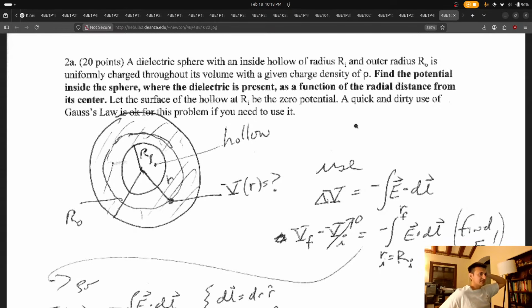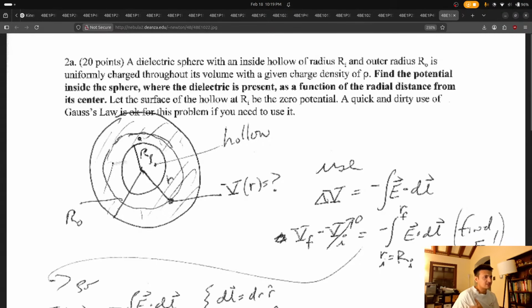Find the potential inside the sphere where the dielectric is present as a function of the radial distance from its center. Okay, so we know that E is 0 in here, but that's not even important.